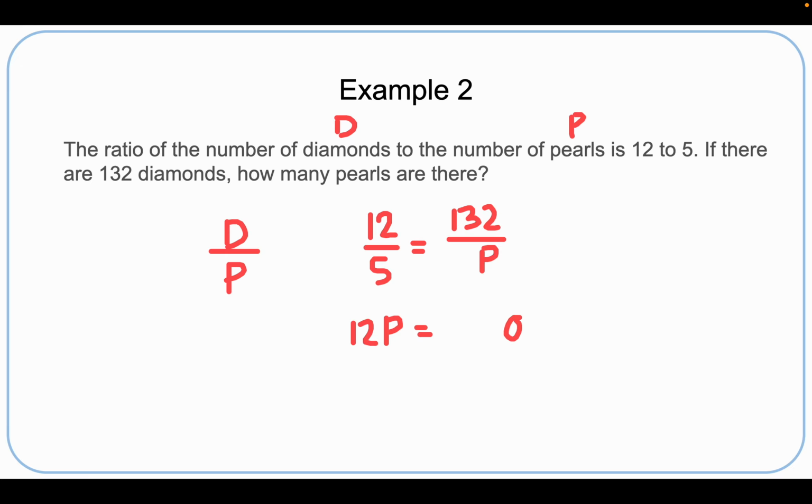Let's see if I can do this without writing it out. That's 10, 15, 16, 660. So 12P equals 660. Then we're going to divide both sides by 12. The 12s cancel out. And then P would equal 55.